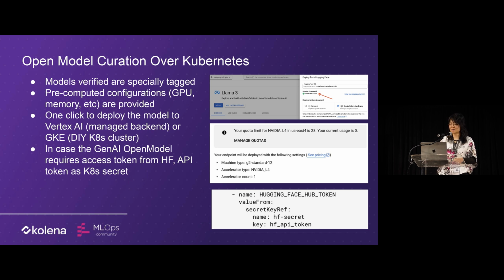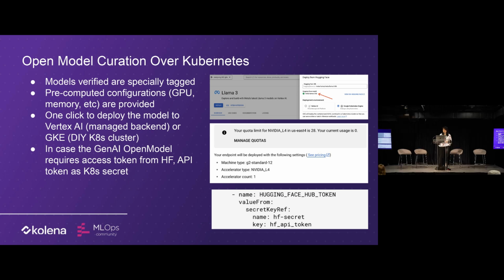The second one is we pre-computed the computation settings you can trust, where your model will be sure to work. The other one is that certain models require you to put in your dev token. From a Kubernetes perspective, we automatically create the secret and allow you to provision that.